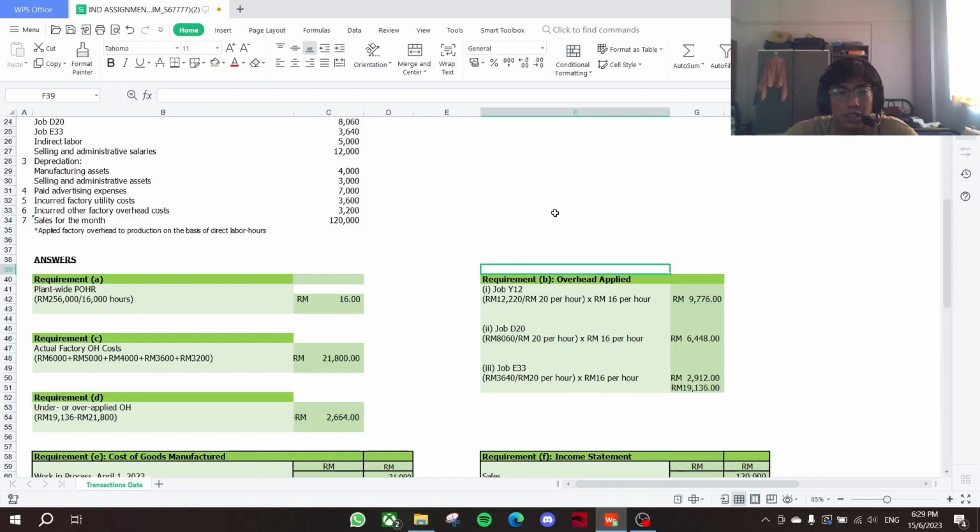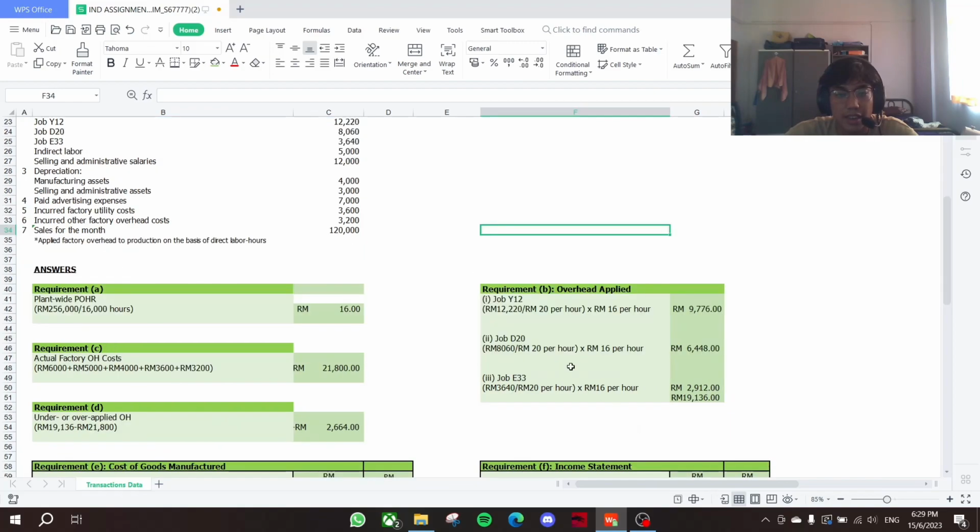So for job T20 it is the same, we get 8,680 divided by 20 ringgit per hour times 16 ringgit per hour, and then we got 6,448.